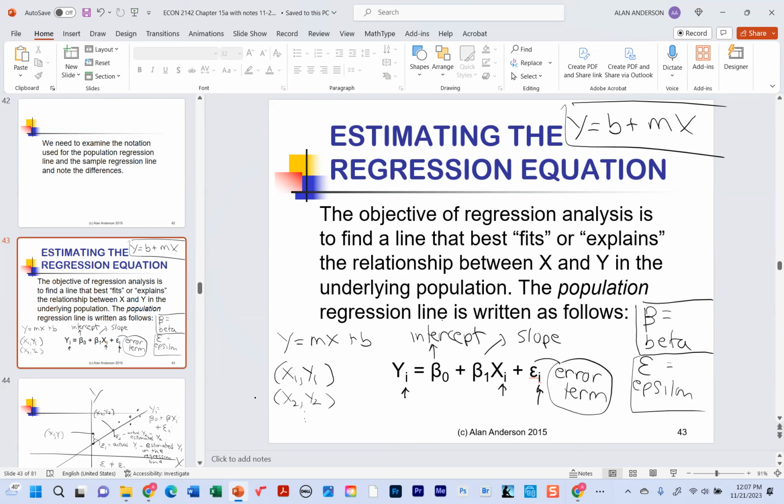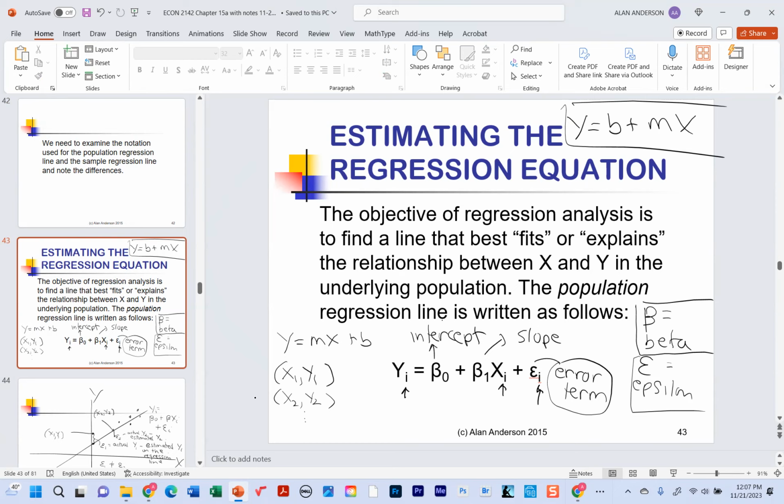X2, Y2 might be the same thing for year 2021. So we need to keep track of each one of these. We need to know which point is which, and that's why we do this. So we've got the index, which is something new, and we have the error term.